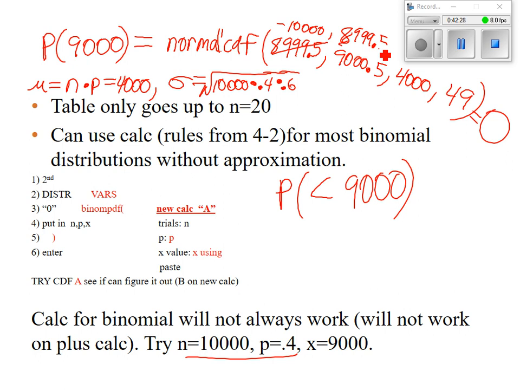1. Everybody got 1? Phoenix, how's it looking? Yeah. Everybody got 1, so we're all right there? Try this. Probability greater than 9,000. What's going to change?